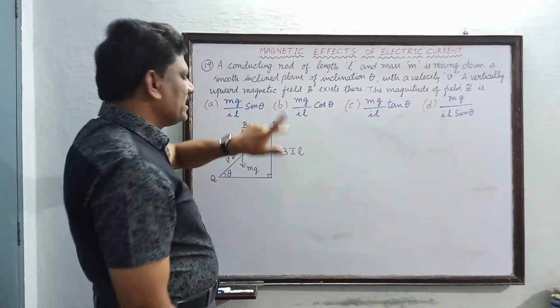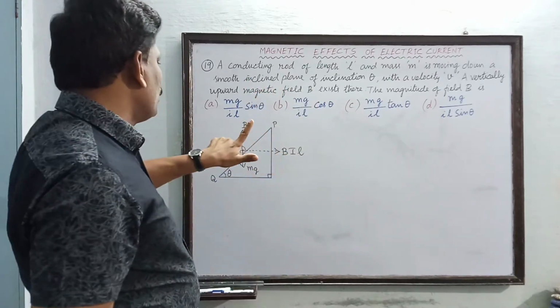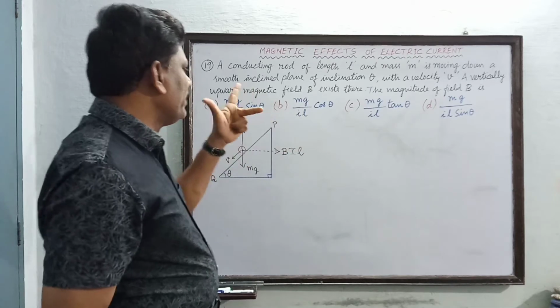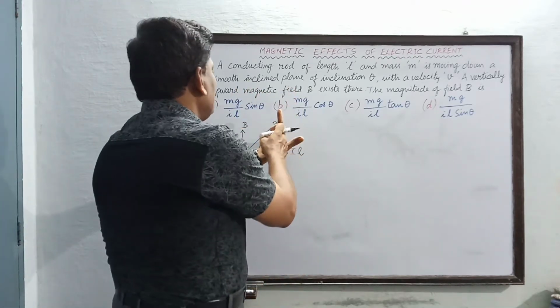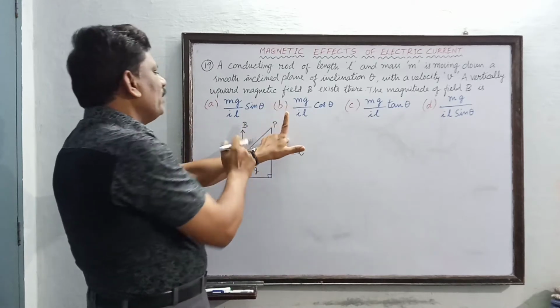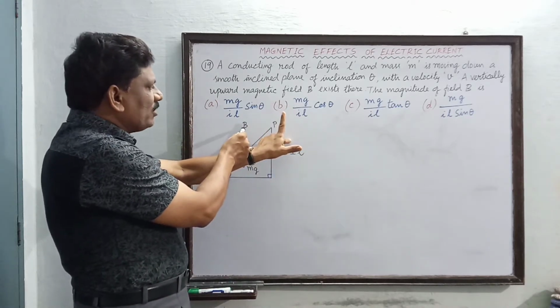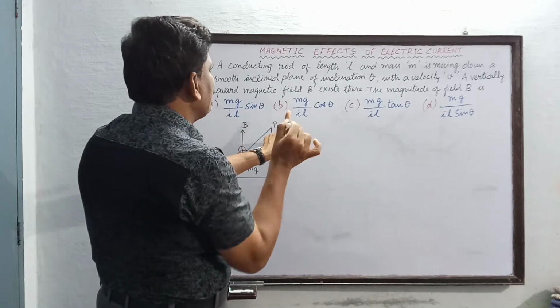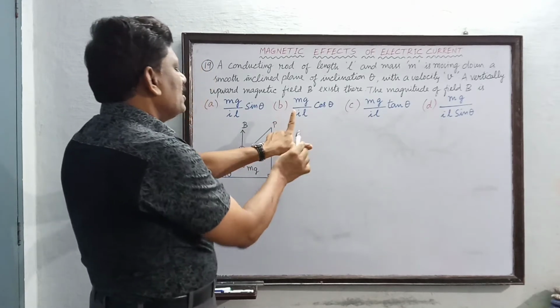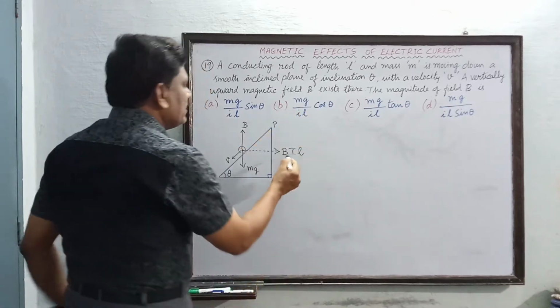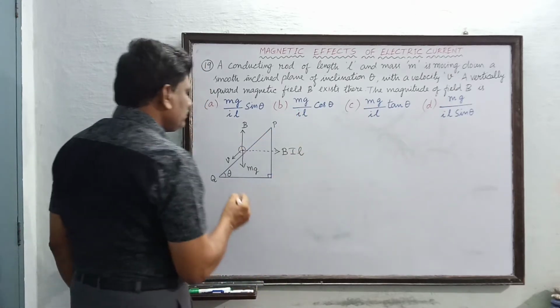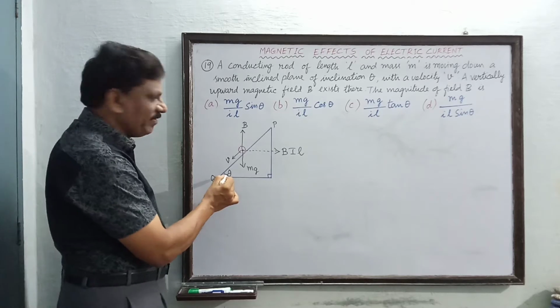As per this picture, the thumb is into the board. I am keeping the middle finger into the board so that the forefinger is upward. So forefinger shows the direction of the magnetic field and middle finger is the direction of the current through the rod, so that the force is towards the right side along the thumb. So this is BIL.